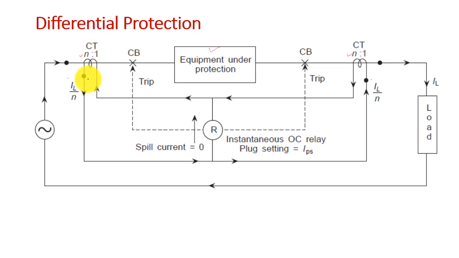Let us put the dot marks. You already know this from your machines class: when the current enters the dotted end at the primary side, the current goes out at the dotted end in the secondary side.